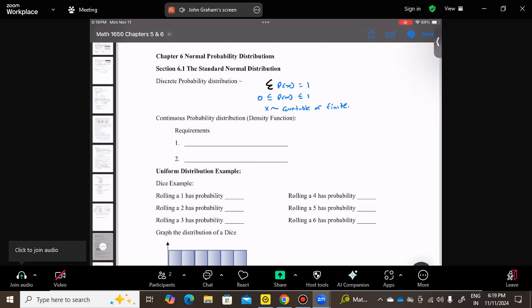You think of it as a density function. It's all based on how much you have in a certain region. The two requirements here: first, the total area under the curve equals 1, and the area is basically synonymous with probability.